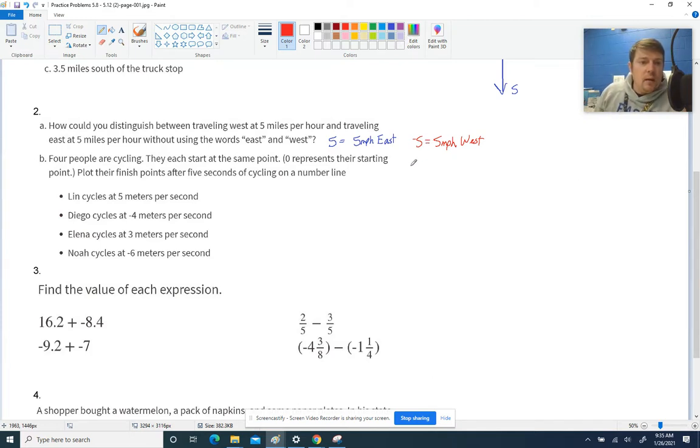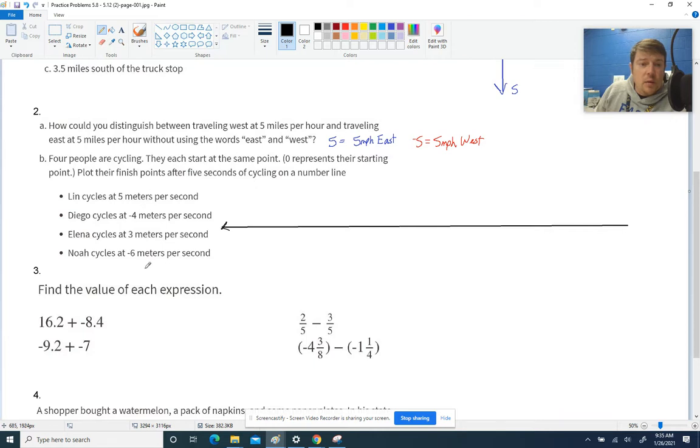This next one, we've got 4 people cycling, and we're going to be plotting their finishing points on a number line. So I'm going to sketch a number line for this one. I'll do this one in blue. So I've got my number line here. And on my number line, let's see what kind of numbers I'm dealing with here. 5 meters per second, and this is after 5 seconds.